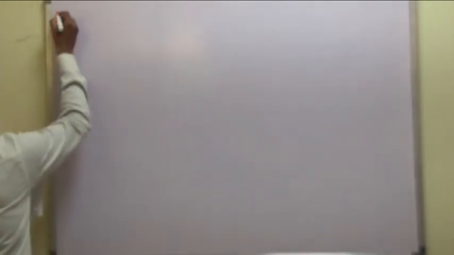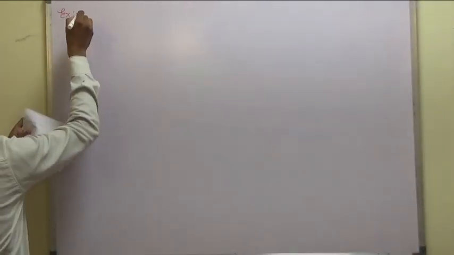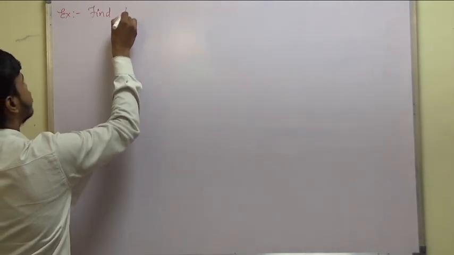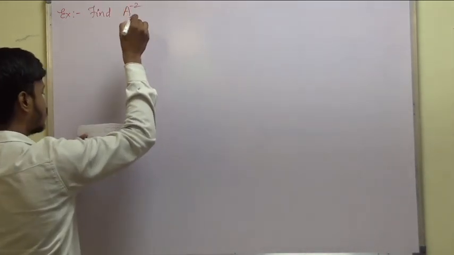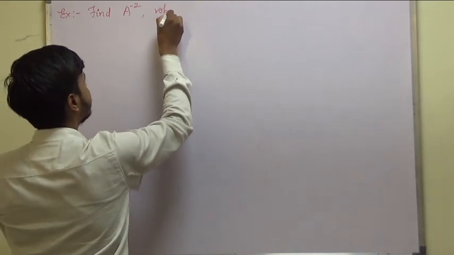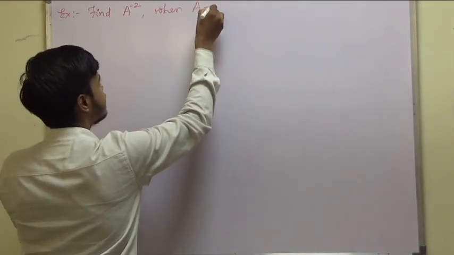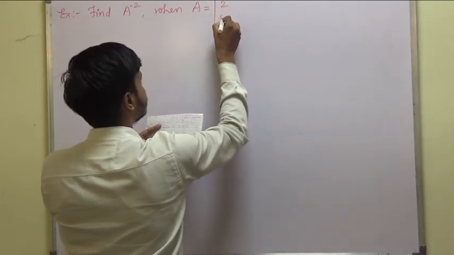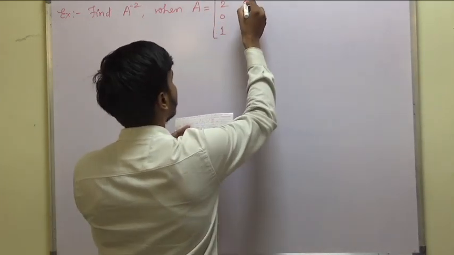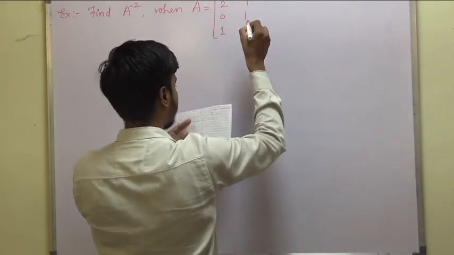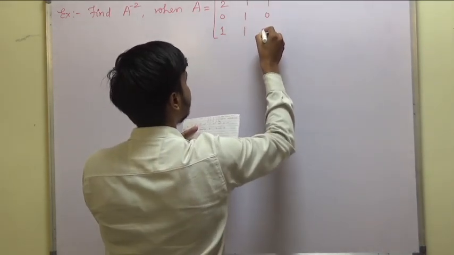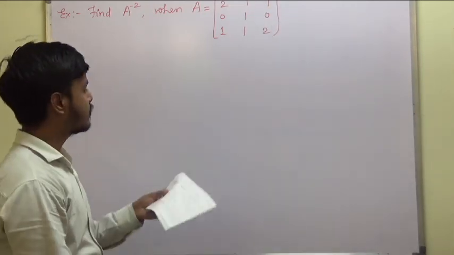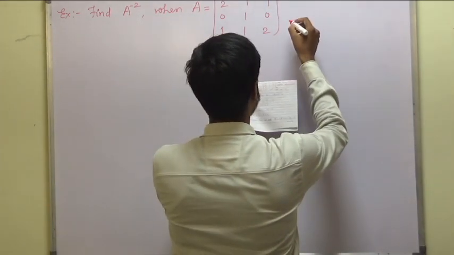I am writing down the question as an example. Find A to the power minus 2 when A is equal to the matrix with rows 2 0 1, 1 1 1, 1 0 2. So this is the matrix we have, and we have to find A to the power minus 2.